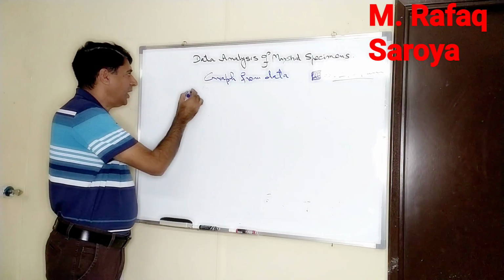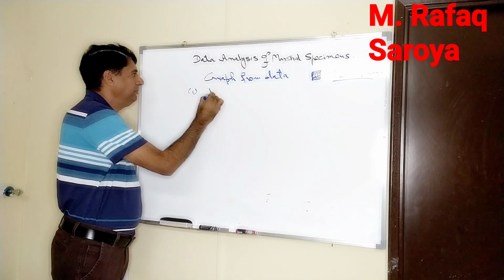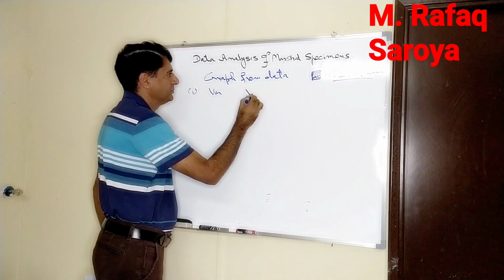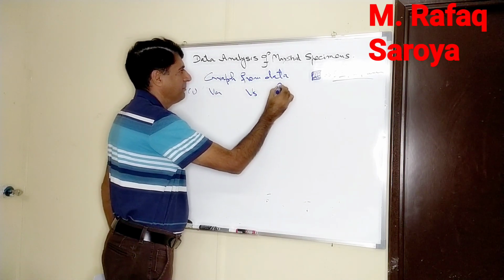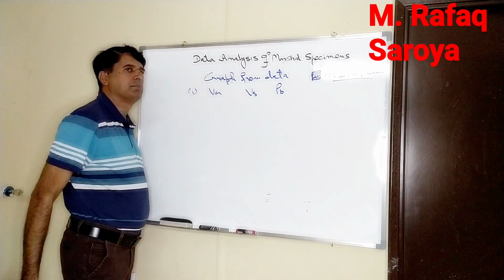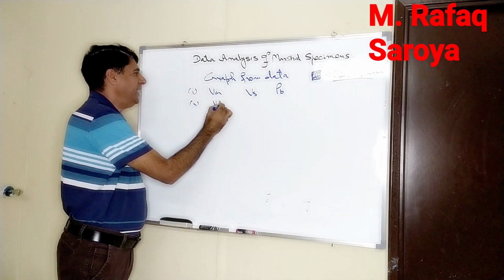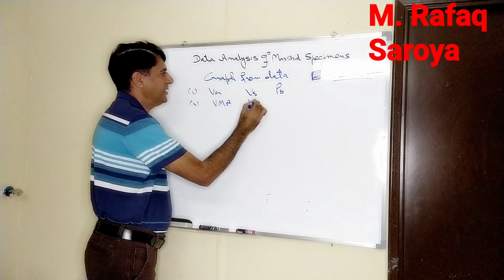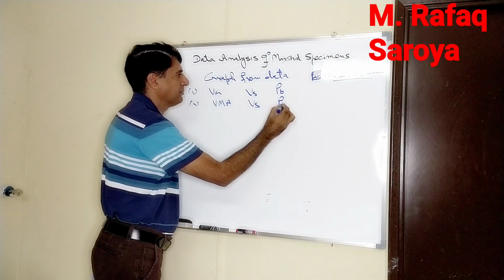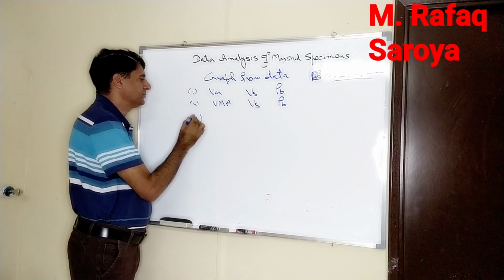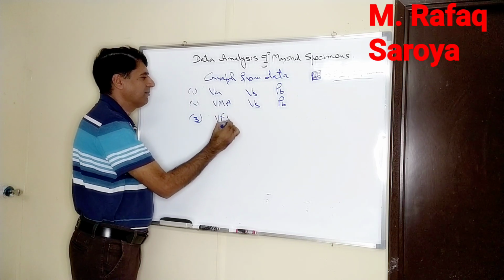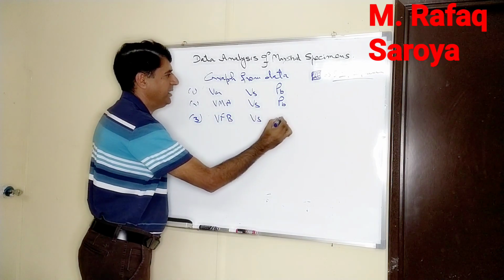The first graph which I will plot will be between air voids versus PV. Second, VMA versus PV. Third one, VFB versus PV.